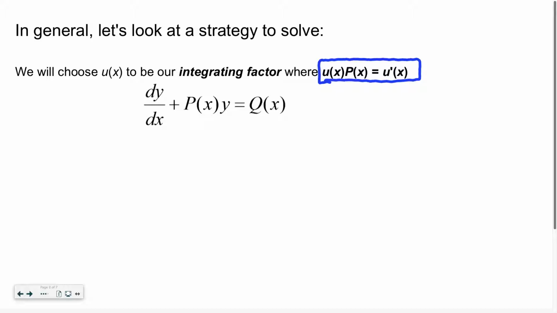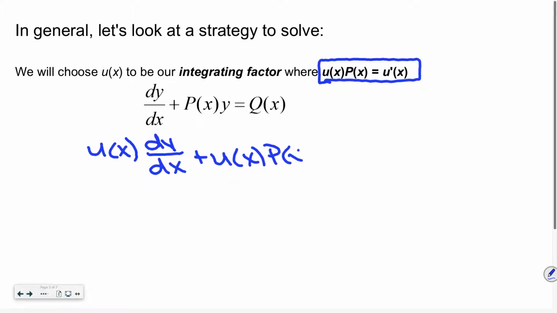So we are strategically going to pick an integrating factor to where the integrating factor times p is going to be u prime. Well, let me show you what I mean by that. We have our standard form and our integrating factor. We're going to multiply everything by our integrating factor, to the left side and to the right side.